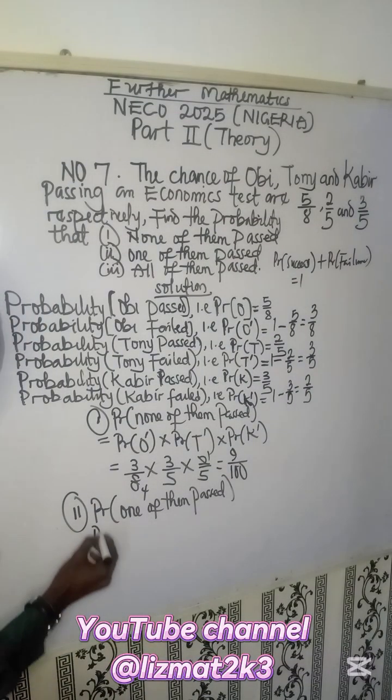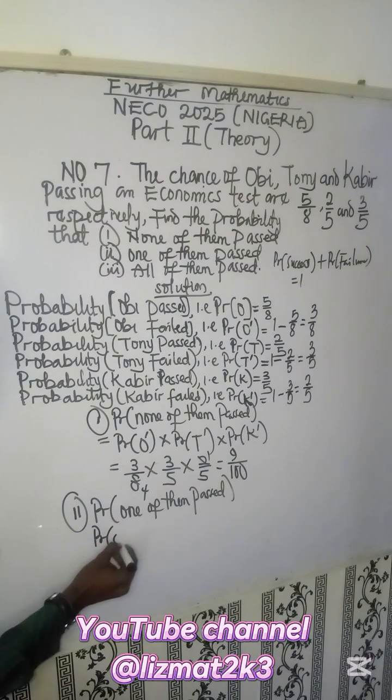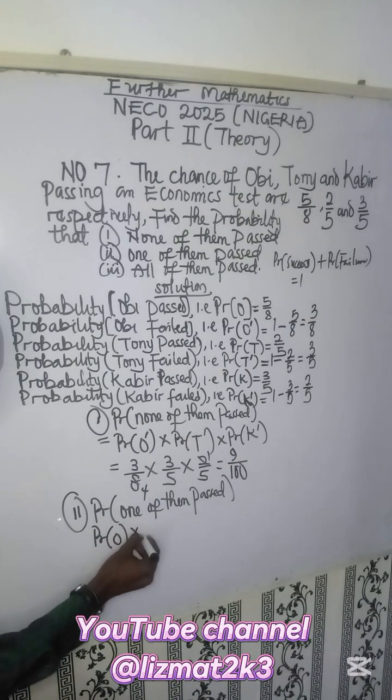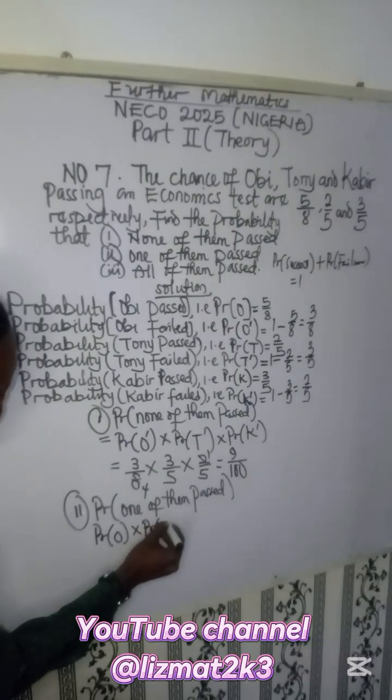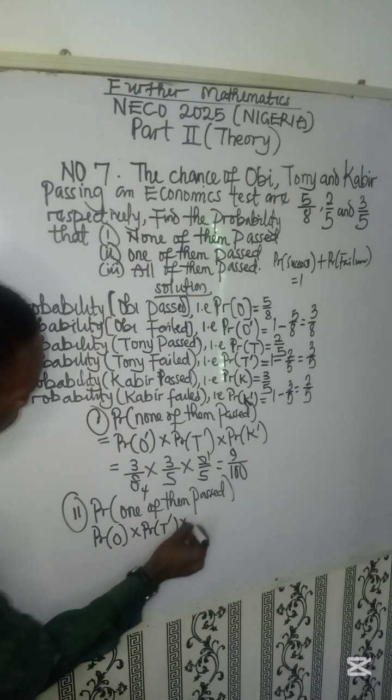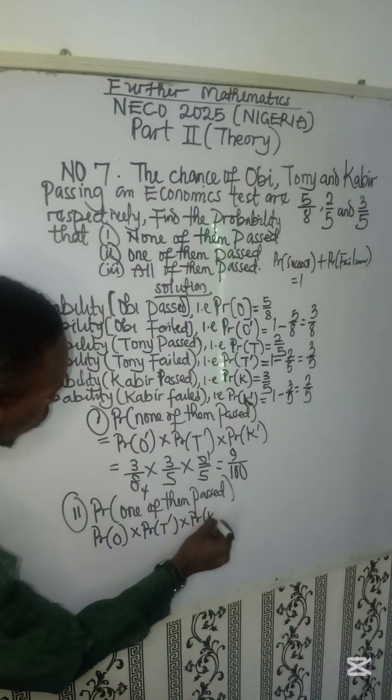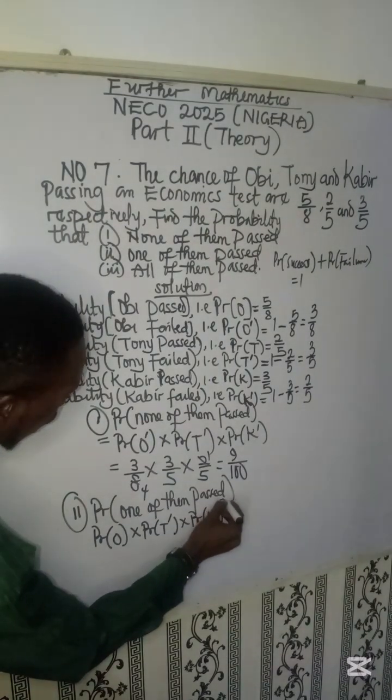So it becomes the probability that Obi passes multiplied by the probability that Tony fails multiplied by the probability that Kebir fails. That's 1.